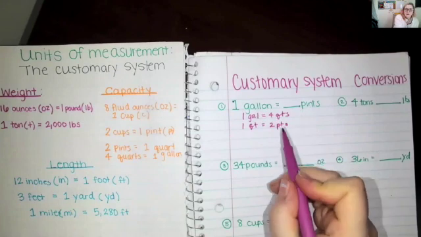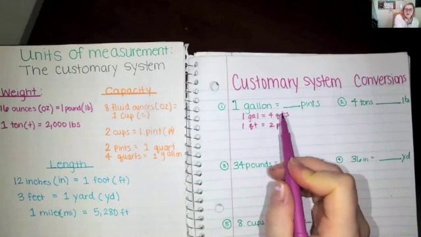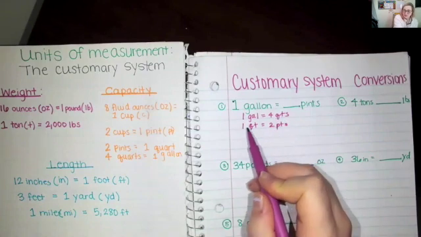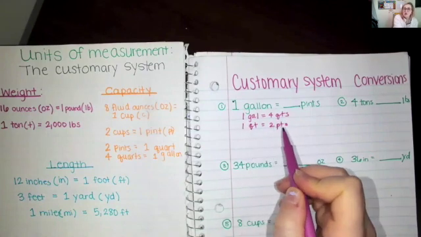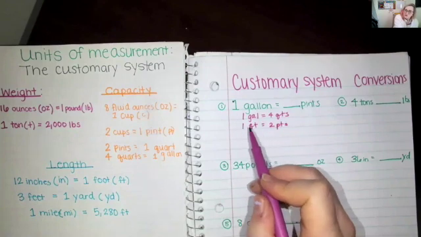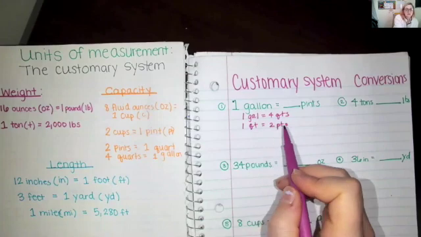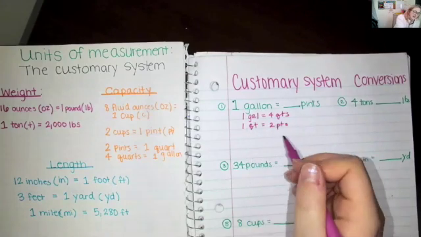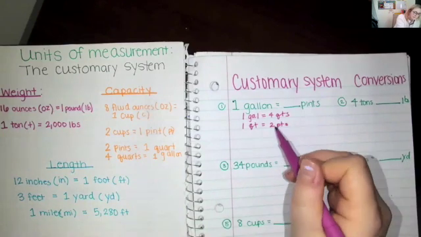So what if I want to figure out how many pints are in 4 quarts? I multiply. 1 quart has 2 pints, which means 2 quarts has 4 pints. 3 quarts have 6 pints. And 4 quarts have 8 pints. What did I do?